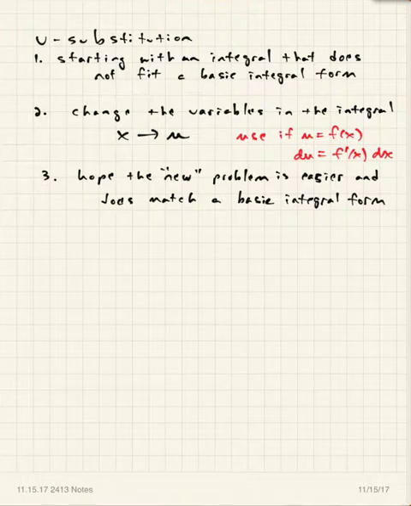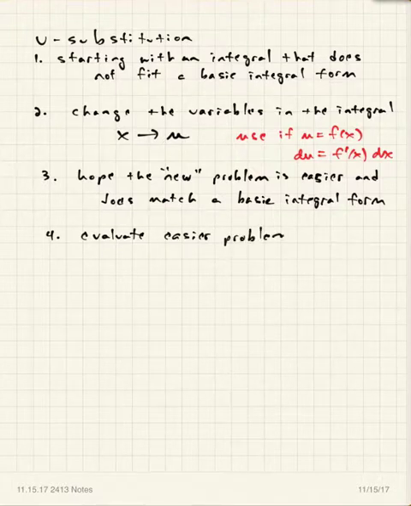All right, and then what do you do? You evaluate the easier problem, or the easier integral. And then finally, step 5 is you go back to x's, right? So you go back at the end and you go back to x's.